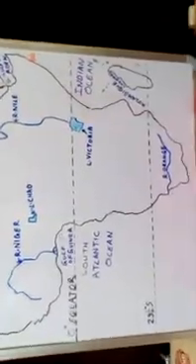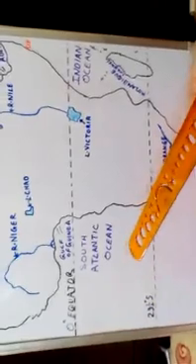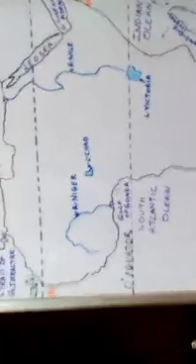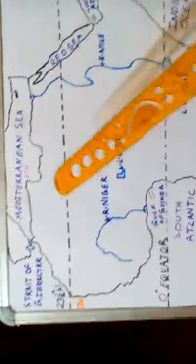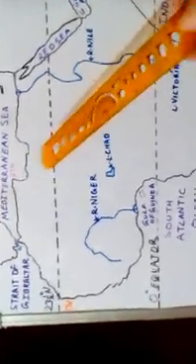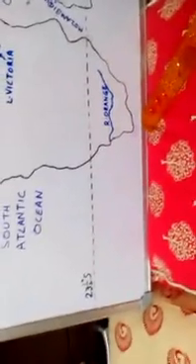The continent of Africa lies between two big oceans, that is your Atlantic Ocean and the Indian Ocean. Now moving on to the latitudinal extent of Africa, it lies between 37 degrees north to 35 degrees south latitude.